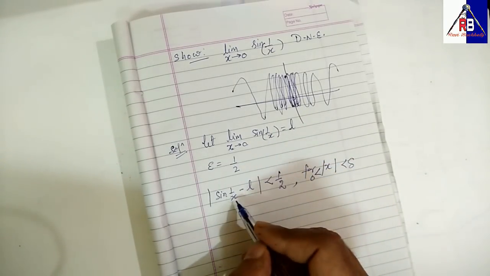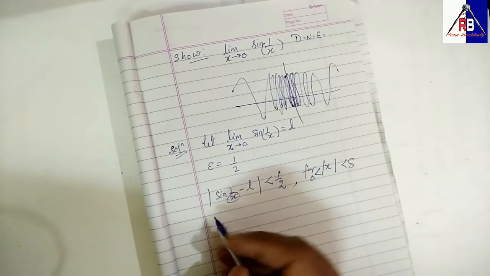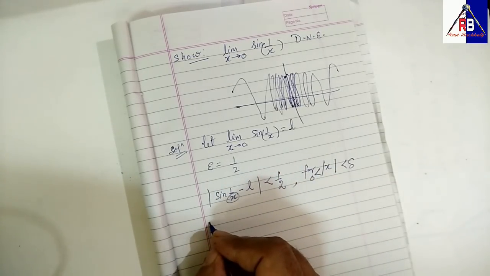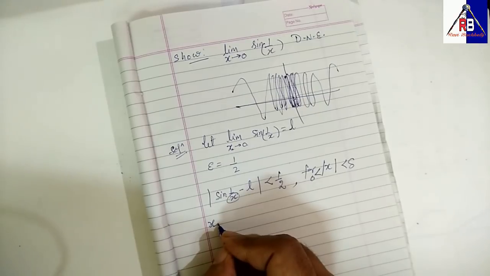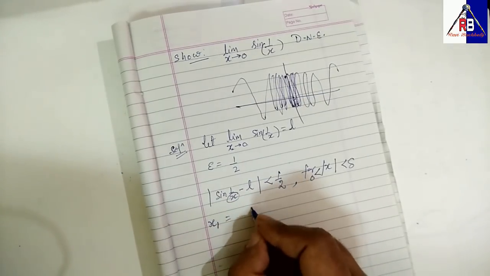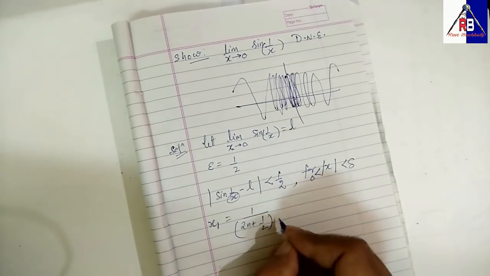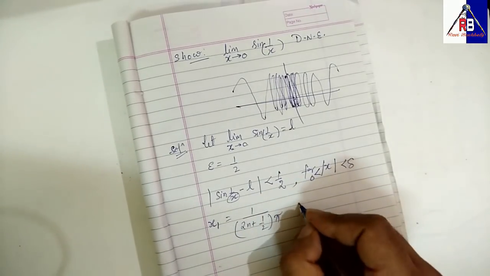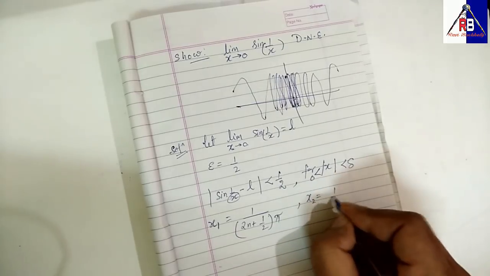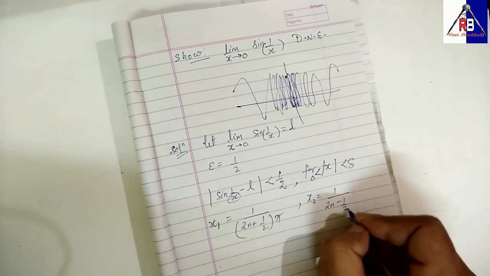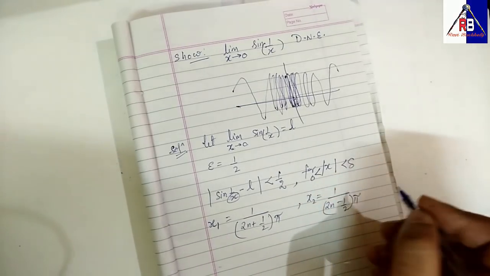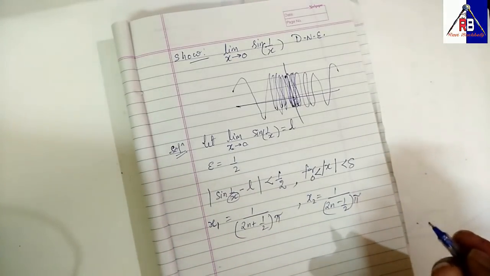I'm going to take some values of x: x1 equals 1 upon 2n pi plus half pi, and another value of x, 1 upon 2n pi minus half pi. Why I have taken these values, you'll get to know very soon.